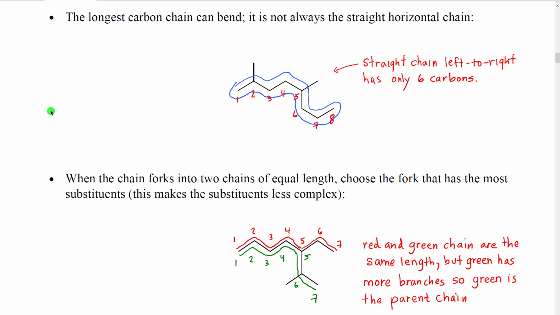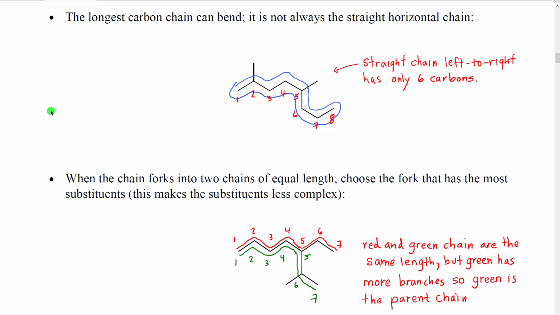Okay, now, there are some other issues that come up when we're trying to select a longest carbon chain. For these examples, I'm going to use just alkanes, which have no functional group in them. They have no main functional group, and they have no unsaturations to change the way we would select.